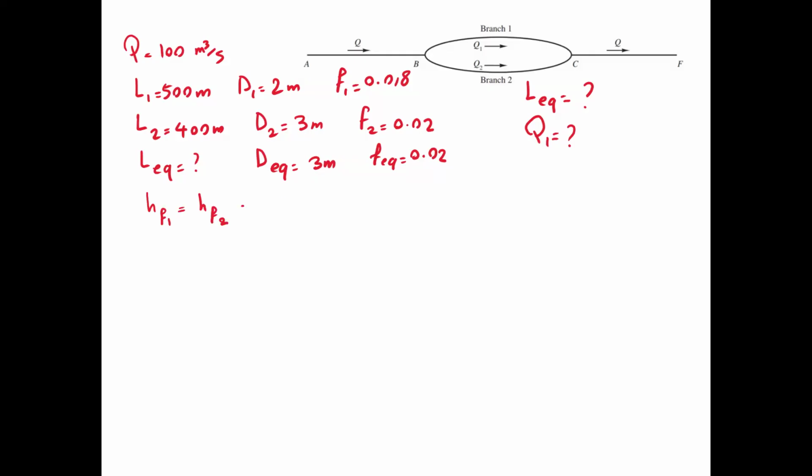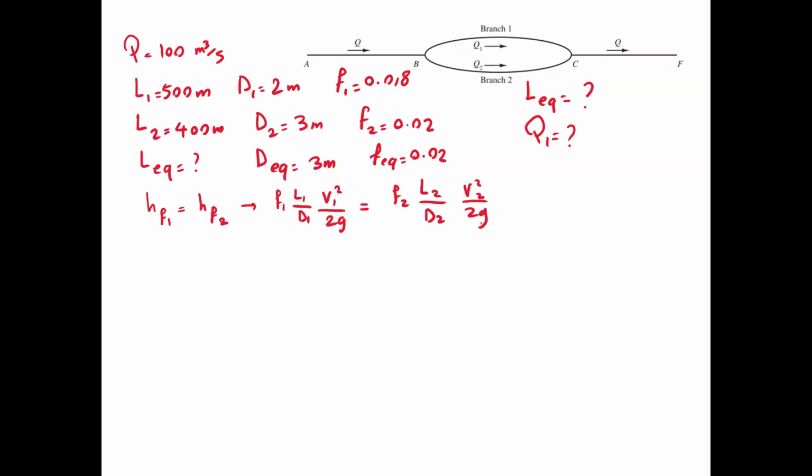I will start opening that. F1, L1, D1, V square over 2G, F2, L2, D2, V square over 2G. Honestly, I don't have F1. Oh, I have F1. I don't have V1. I don't have V2.